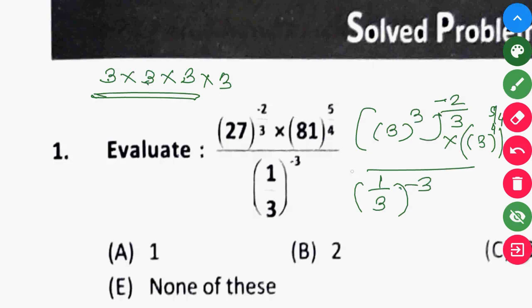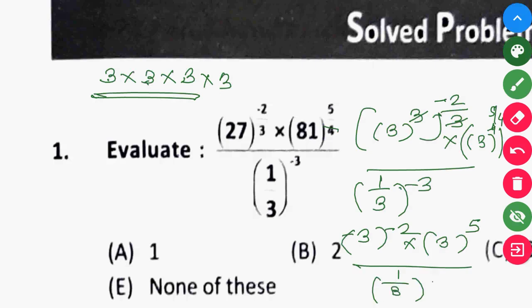Okay. Now understood, this 3 and this 3 will get cancelled. This 4 and this 4 will get cancelled. And now what remains is 3 raised to minus 2 multiplied by 3 raised to 5 divided by 1 by 3 raised to minus 3.